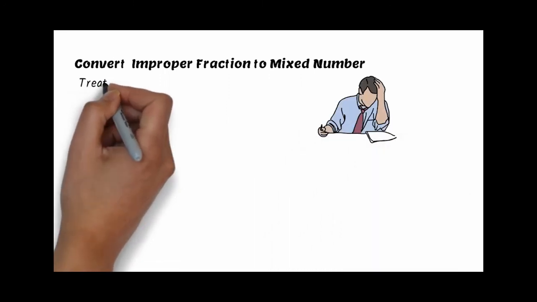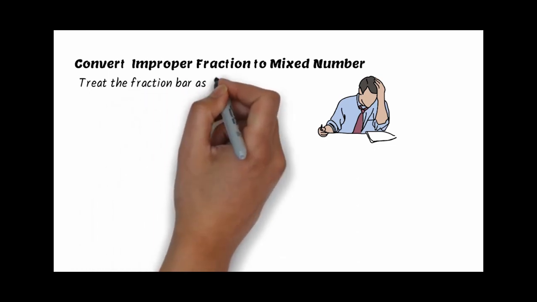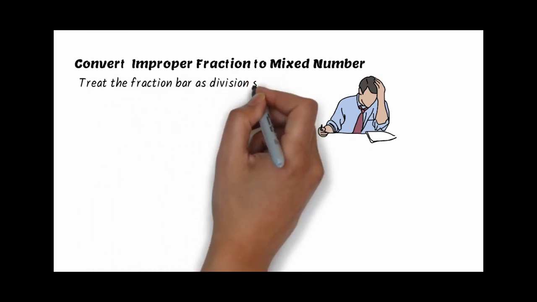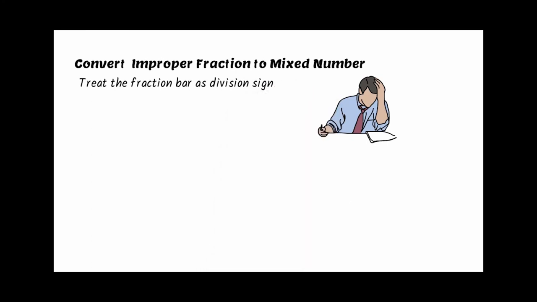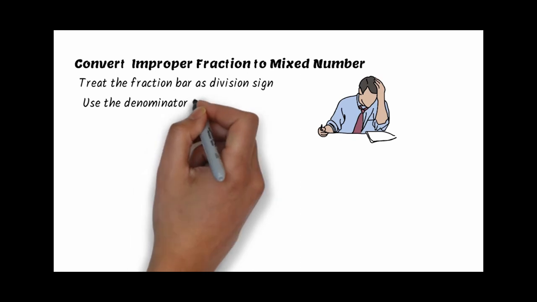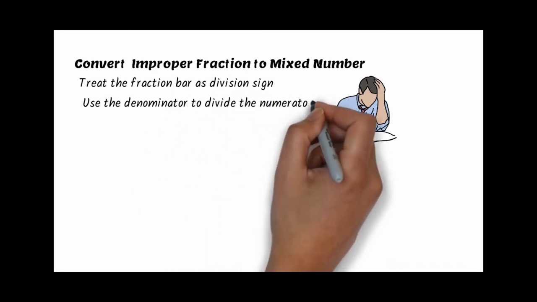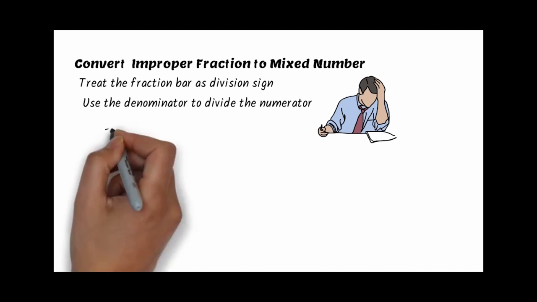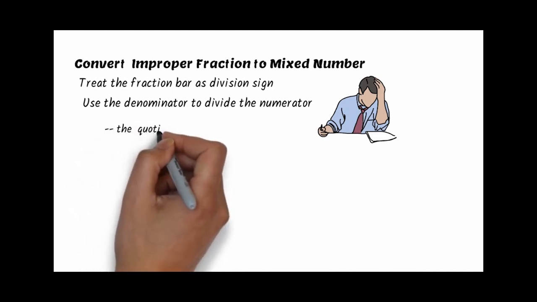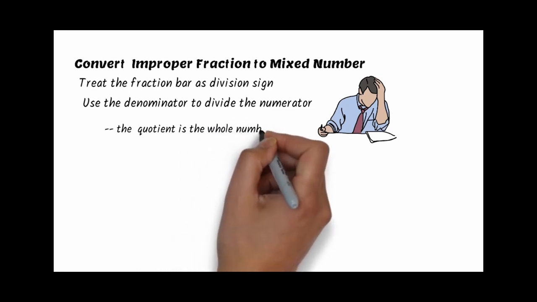As we mentioned earlier, in a fraction, we can always treat the fraction bar as a division sign. So what that means is, if I have an improper fraction, I can use the denominator to divide the numerator. And the result of this division, the quotient, is the whole number part of the mixed number.